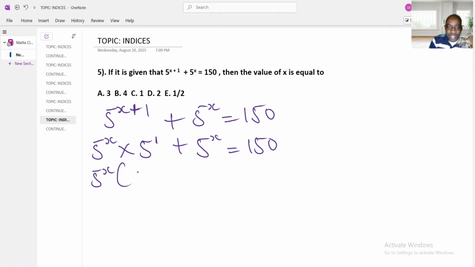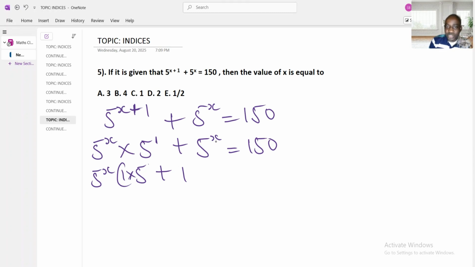The one that remains here is what? 5 power 1, the same thing, plus how many 5s can we see here? It is 1. Just write 1 here, isn't it? This one multiplied by 1 is the same thing as 1. 1 multiplied by 5 is 5.